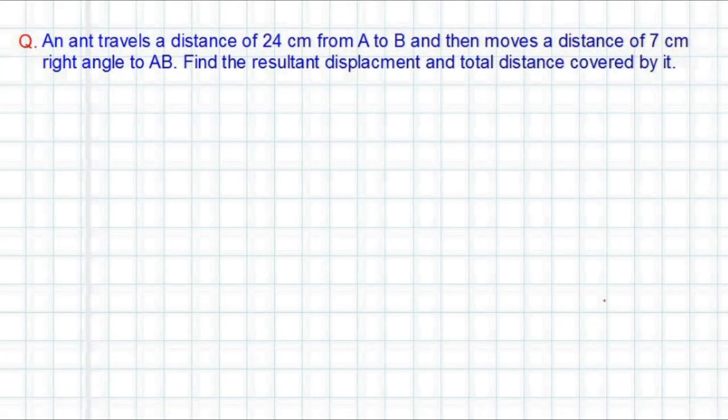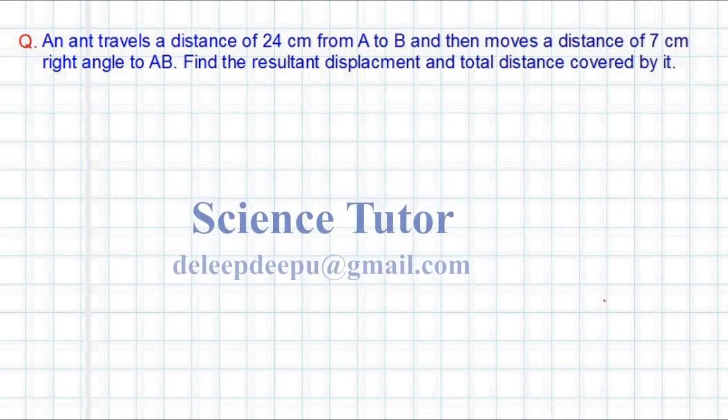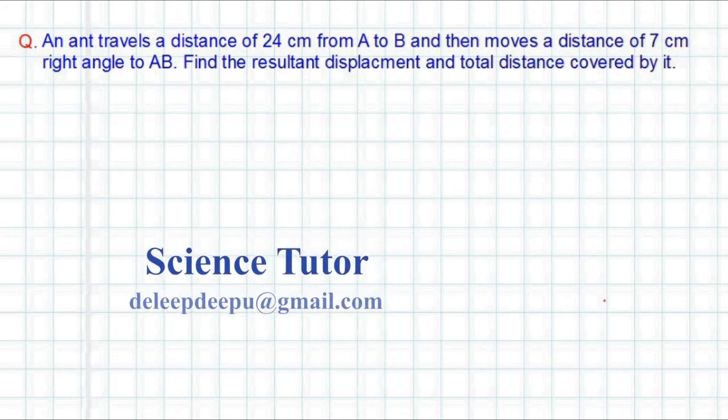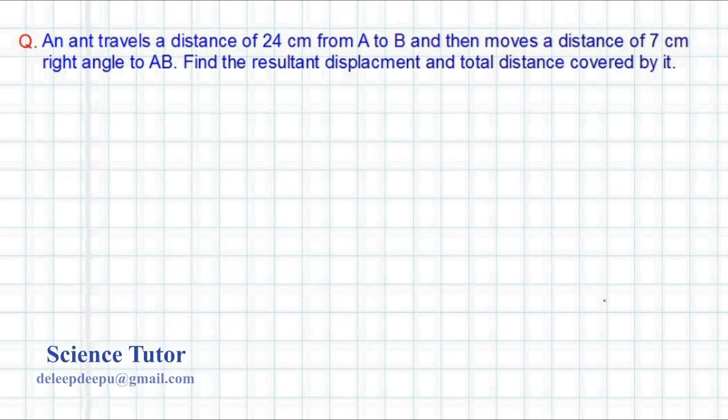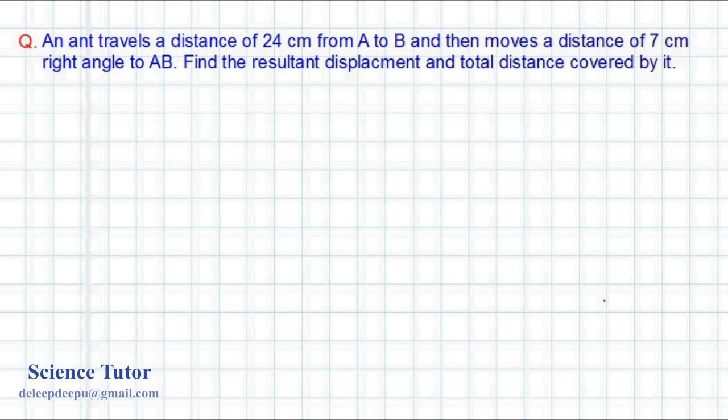An ant travels a distance of 24 centimeters from A to B and then moves a distance of 7 centimeters at right angle to AB. Find the resultant displacement and the total distance covered by it. This question is related with distance and displacement.